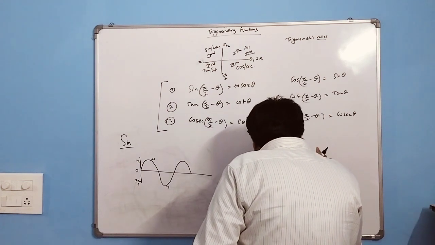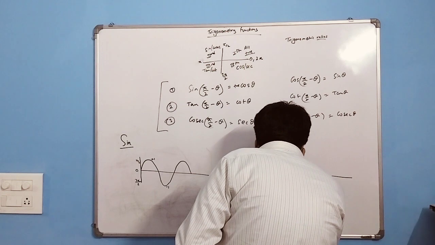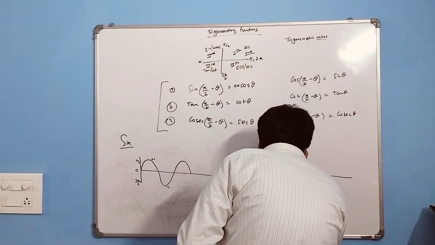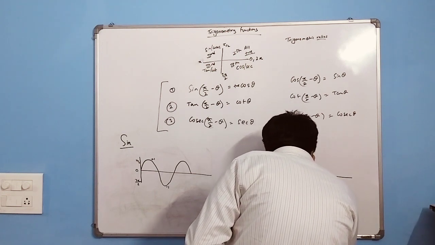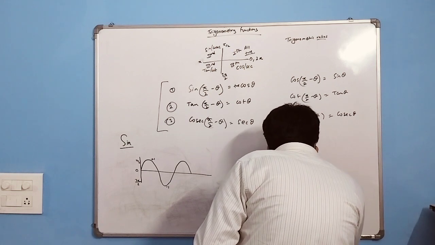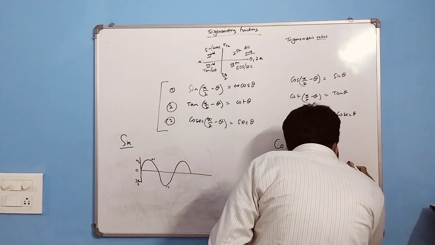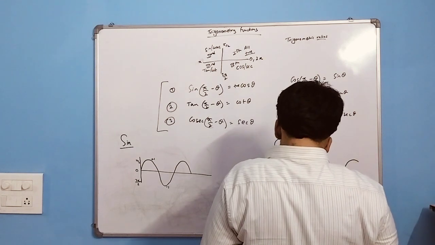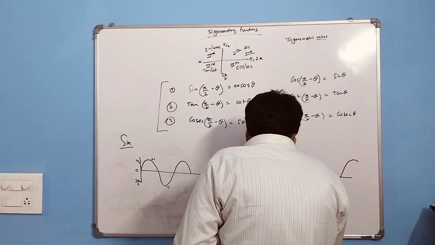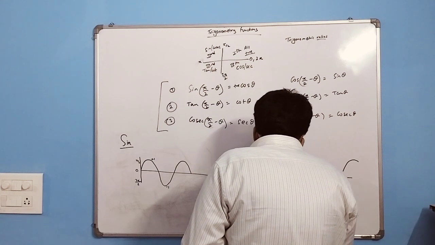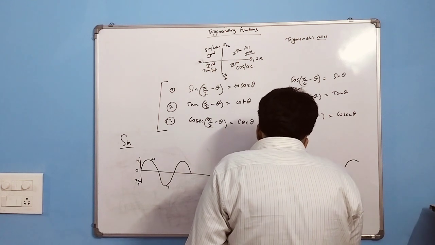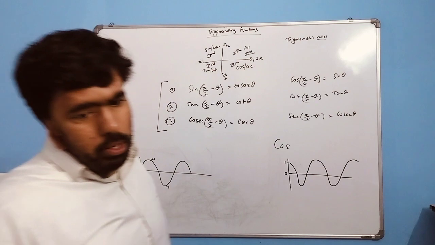Let us see, it will move like this, because we have 1 at cos 0, then we move to the next value. So that is how.